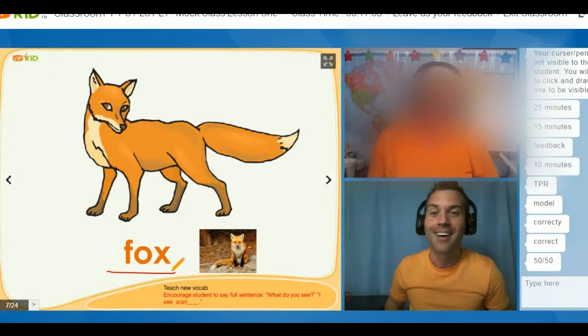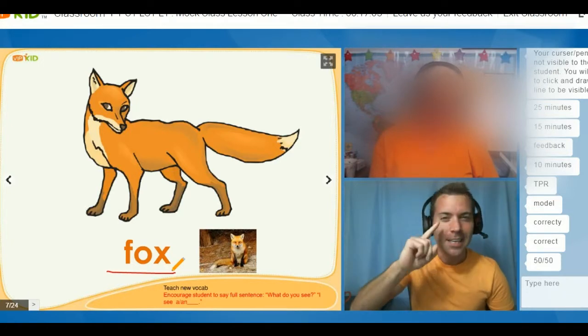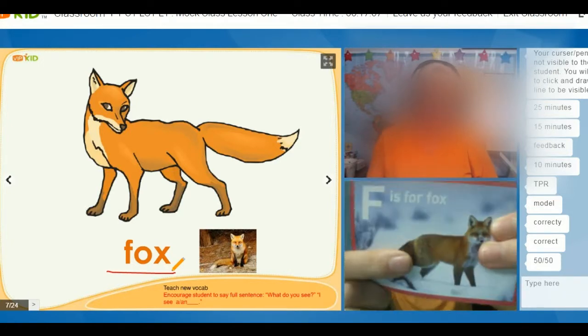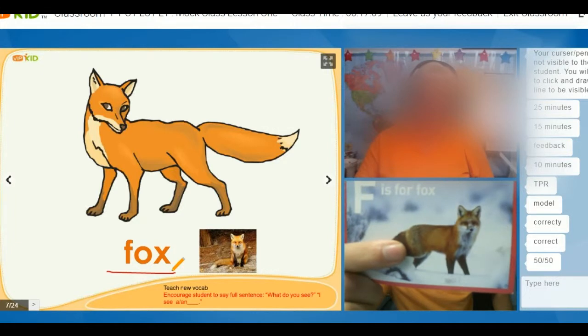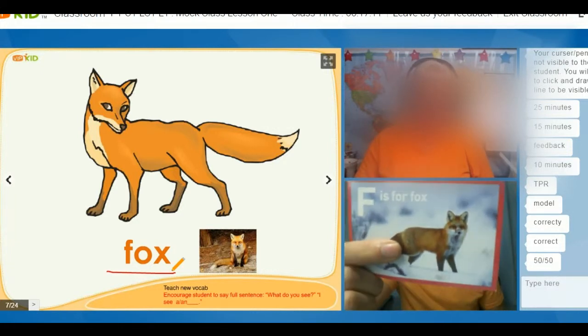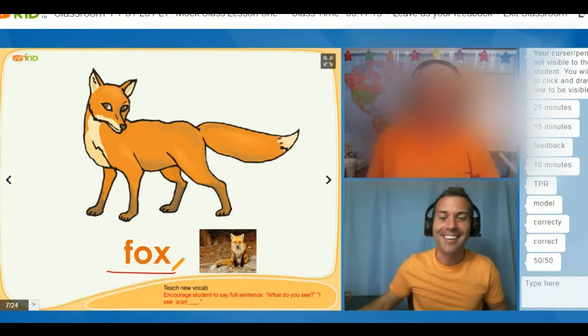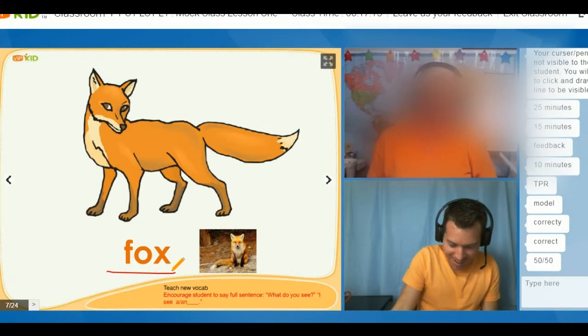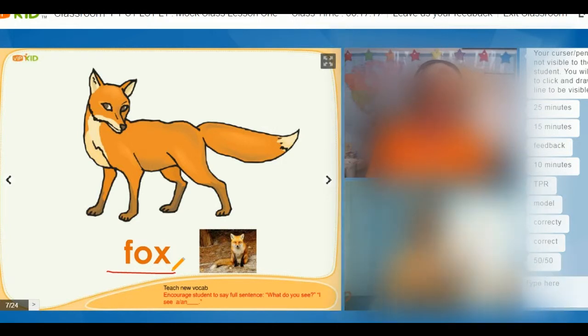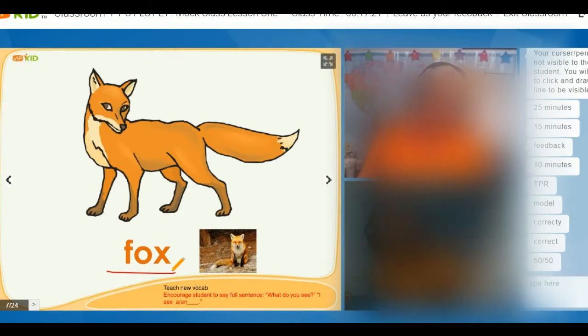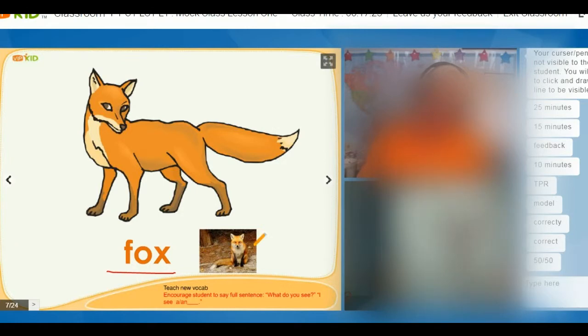Fox. I see a fox. I see a fox. Good. You get 5 leaves. 1, 2, 3, 4, 5 leaves.